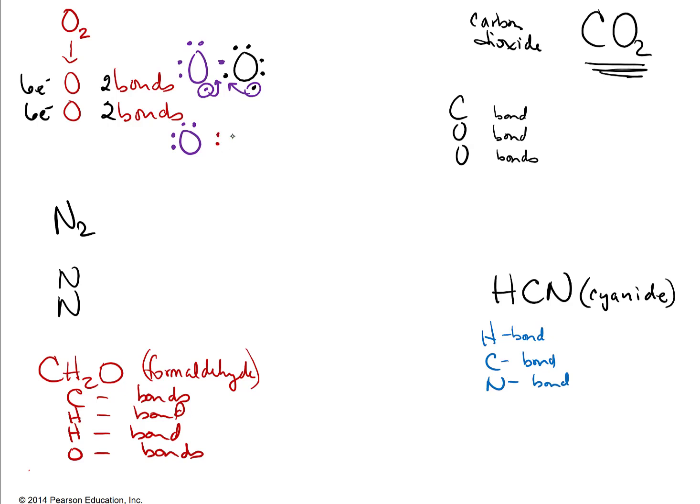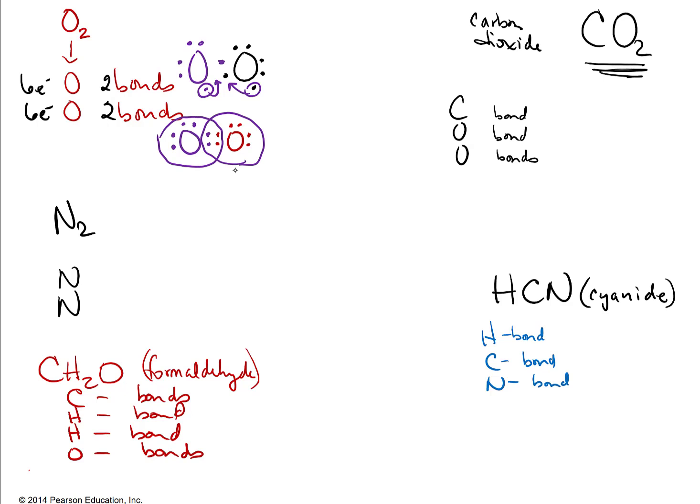The paired electrons end up in between. Whatever's between the two oxygens, those are the ones that are shared. The ones that are just around single oxygens are not shared. Can you see that now the purple oxygen has 8? The red oxygen has 8 when you do the counts. Total number of electrons here, 8. Total number of electrons here, 8.